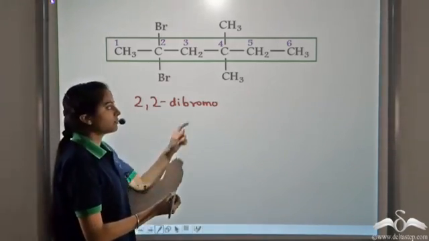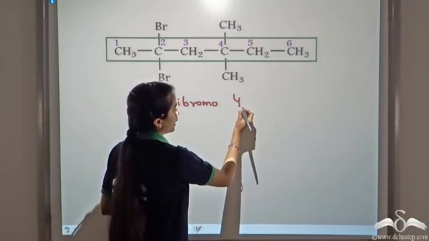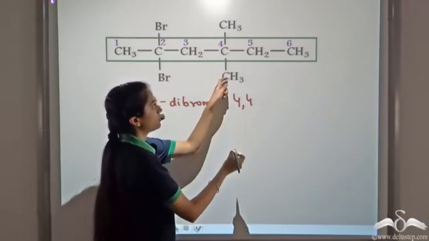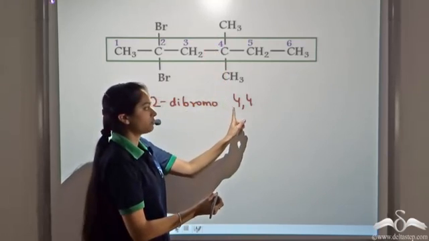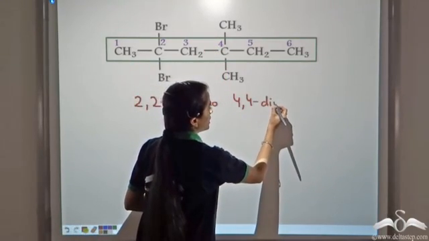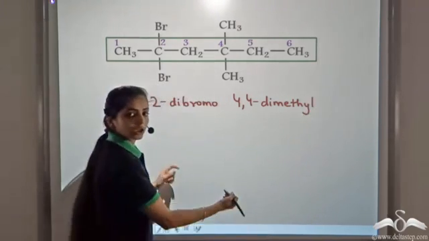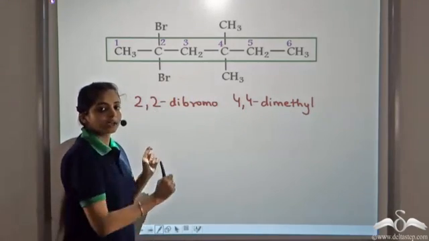And then we place the methyl substituents, which are present at position 4. Both the methyl substituents are at position number 4. So, we write 4, 4 dimethyl. Now, this is the prefix of this organic compound.